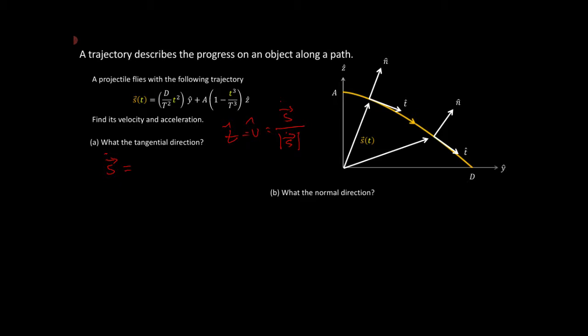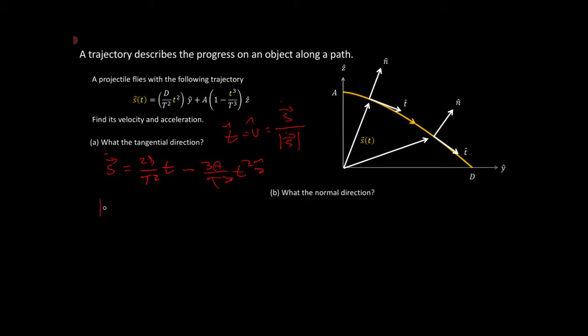So S dot is 2d over t squared t minus 3a over t cubed times t squared z hat.